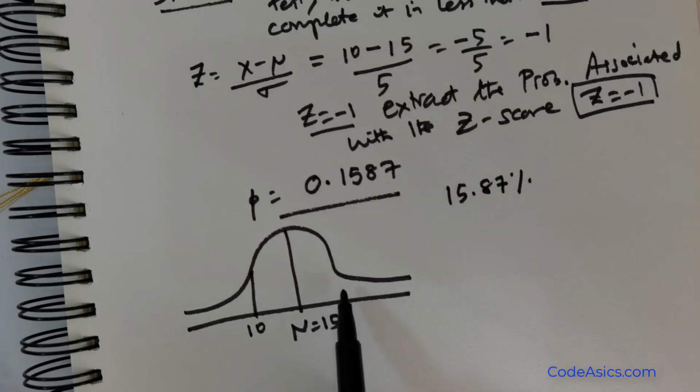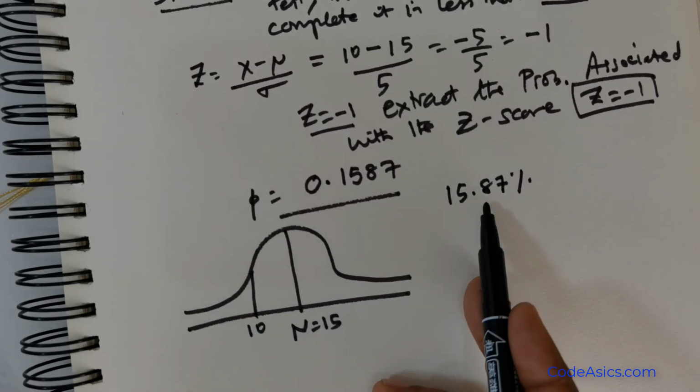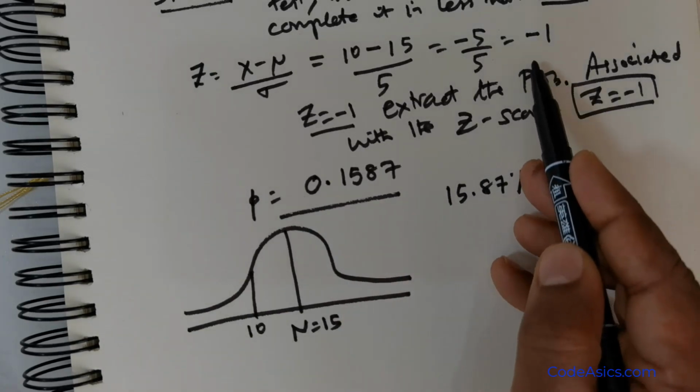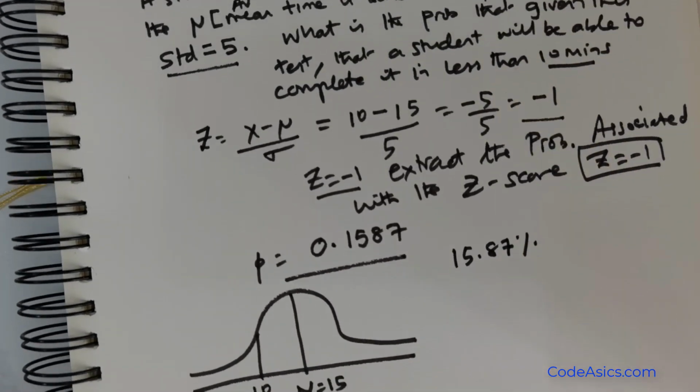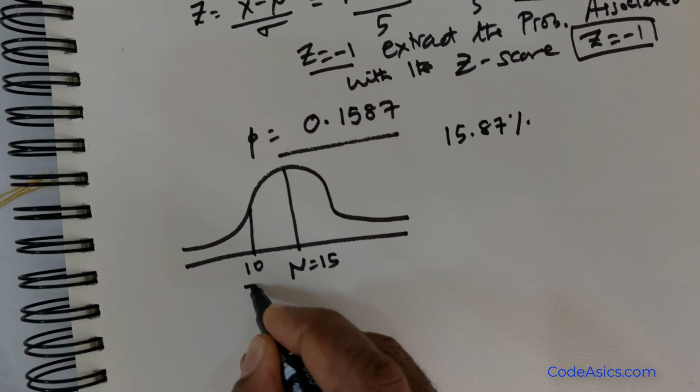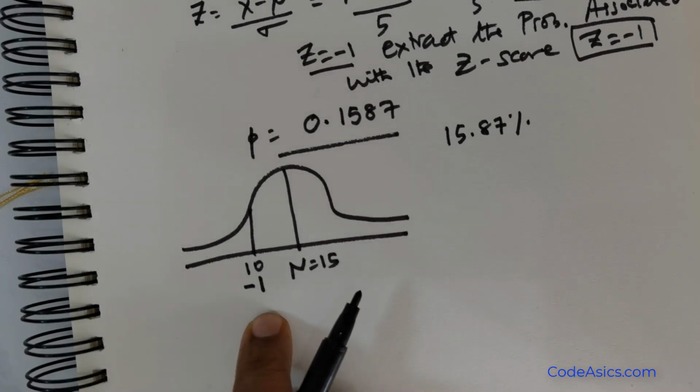So either it goes on this side or it comes down, right? So plus 5 or minus 5. Now the z-score associated with this observation is minus 1. So this is the z-score. So we place a z-score here.